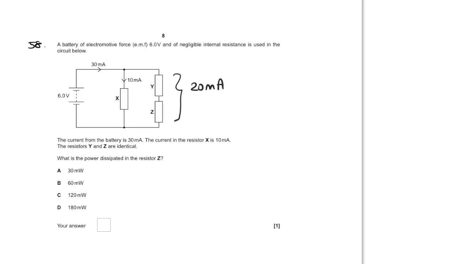Okay, so we know that power can be figured out using I squared R, and it will help if we know what the resistance value is. Resistance across X is a total of 6 volts divided by the current flowing through X, which is 0.01, so that is 600 ohms.